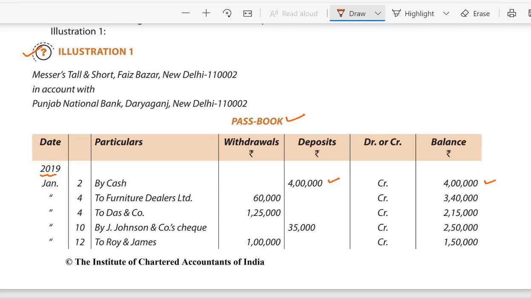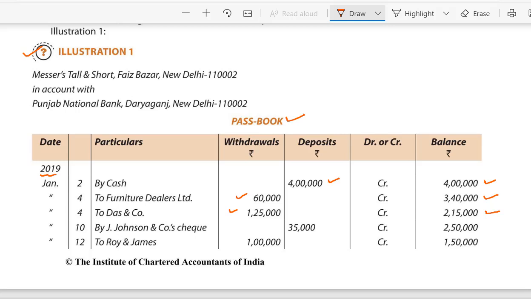On 4th January, there is a withdrawal of 60,000 and the balance is 3 lakh 40,000. On 4th January, the payment is made to Das and Company 1,25,000 and the closing balance is 2,15,000.